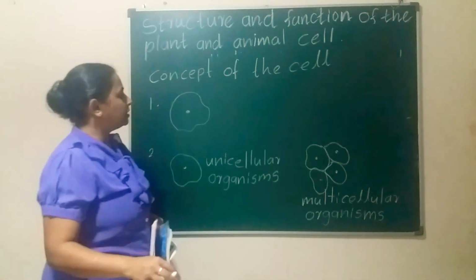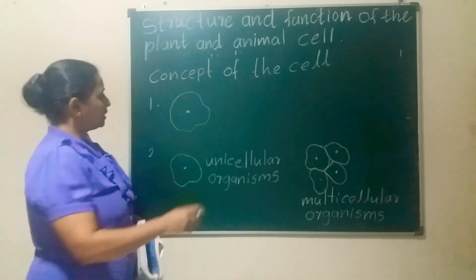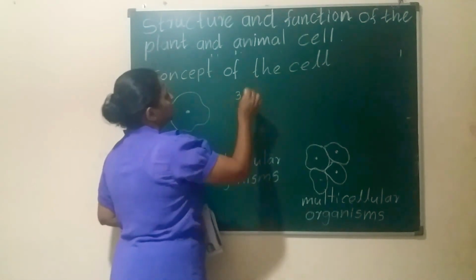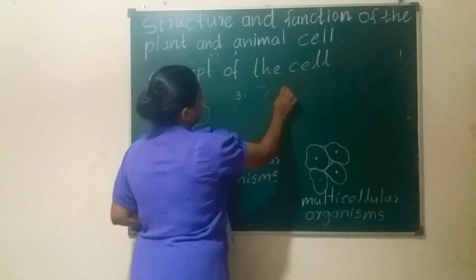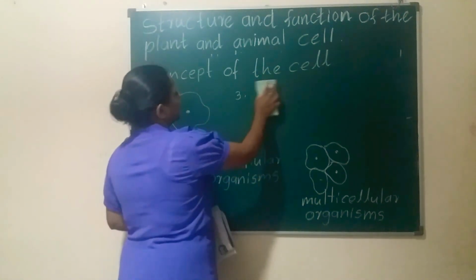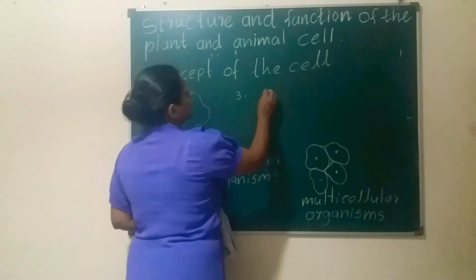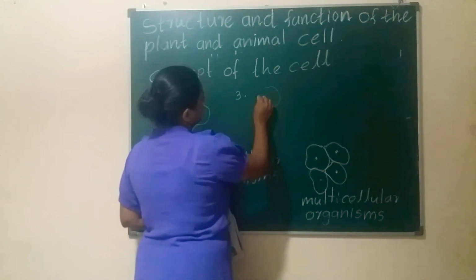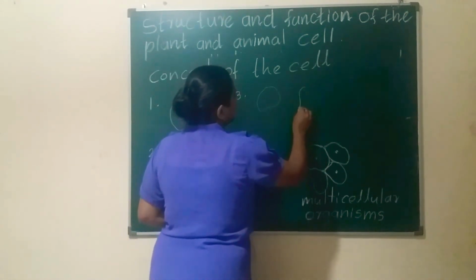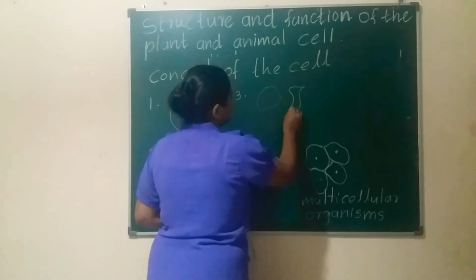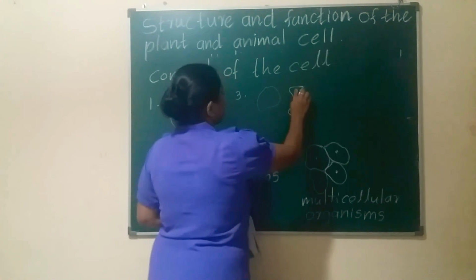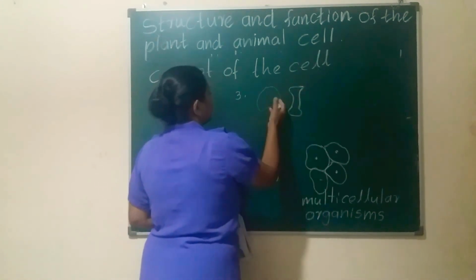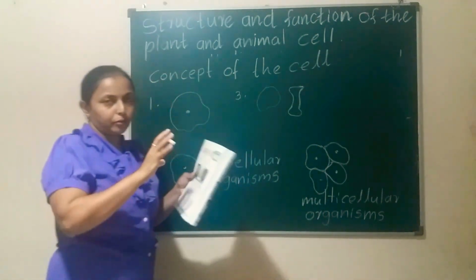Example, red blood cells, like this, from the other side, like this. Red blood cells in this view.